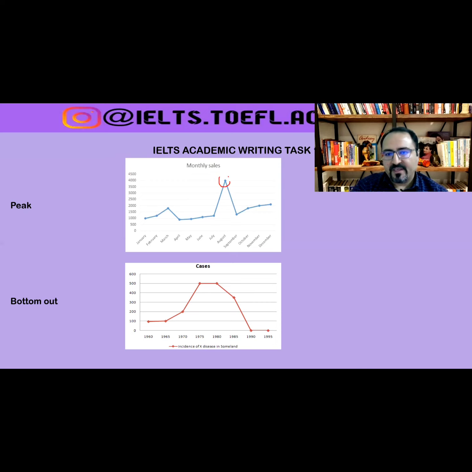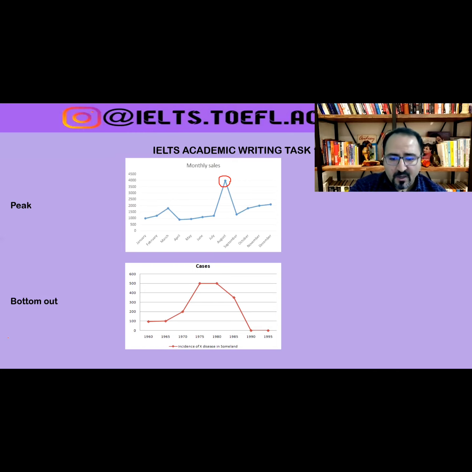So here we can have the peak of this line graph. For example, the peak was in August. So it reached that peak. We don't say the highest peak because peak is just the highest point. So we say it reached its peak in August.